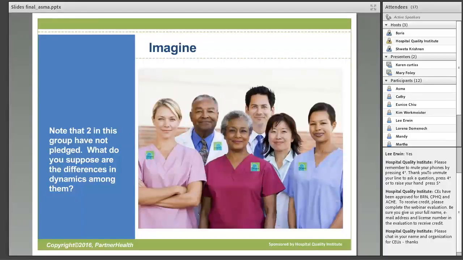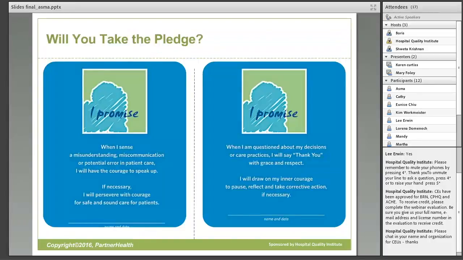So I'm wondering, what do you think about this idea? Is this something that you would ever like to do? Would you like to take the pledge? Could it work? And again, this is not something that Boris or Mary or I are saying is a campaign, but we have a lot of these pledge cards in our office.